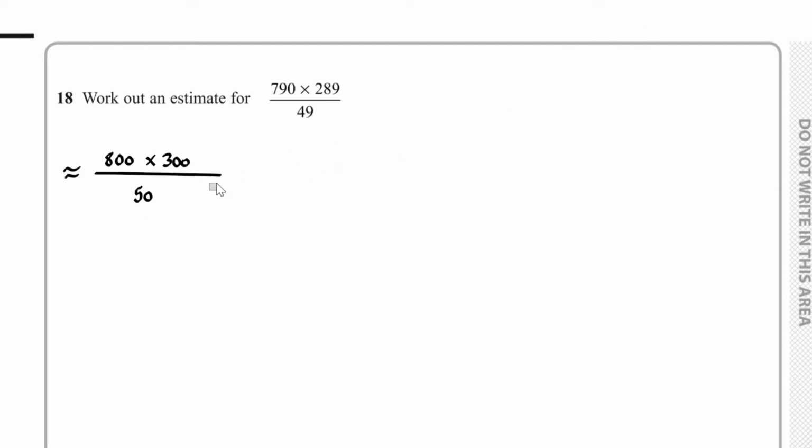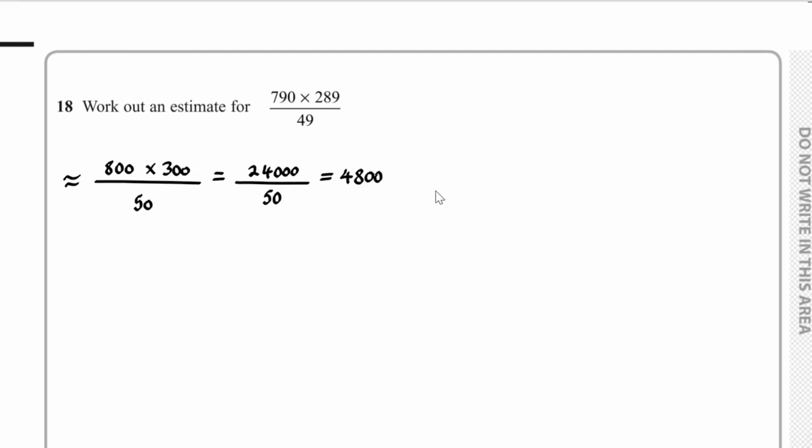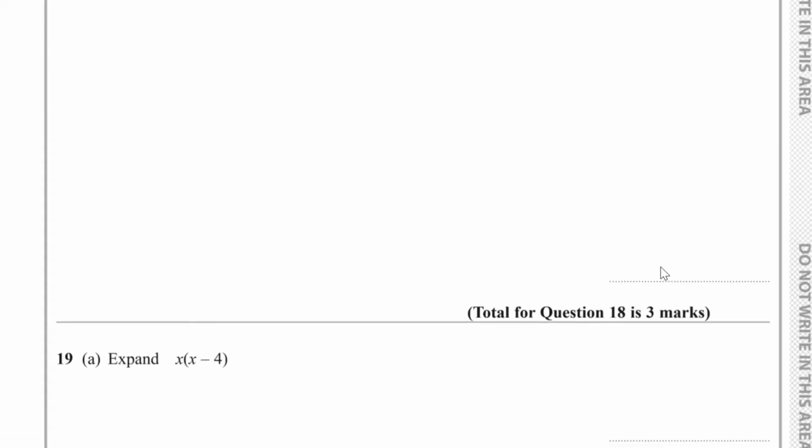So if we work out the rest of this, 800 times 300, that's 24,000, and then we divide this by 50, and it turns out altogether we end up with 4,800.